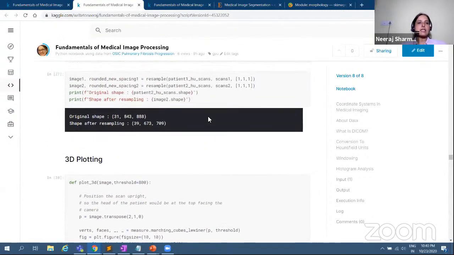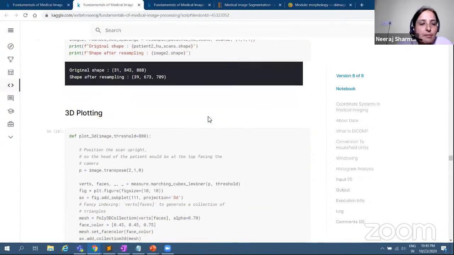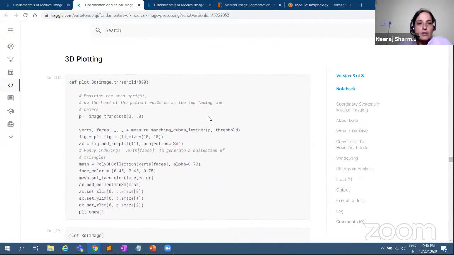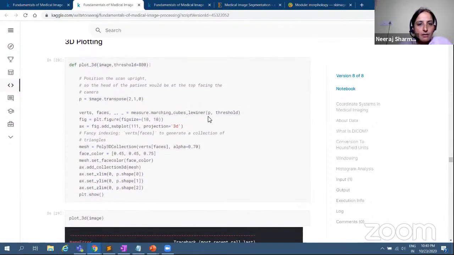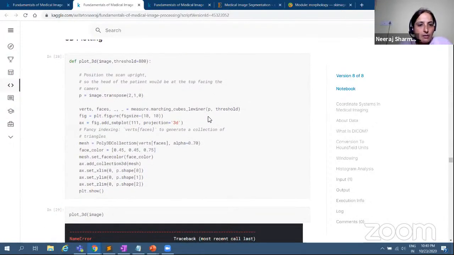So after the resampling, we will do the 3D plotting. This 3D plotting is a very standard way which uses the marching cubes algorithm. I have put the references for how this marching cubes algorithm works.